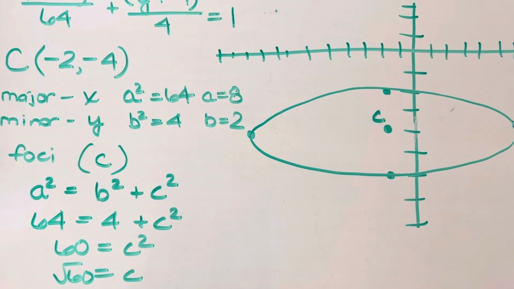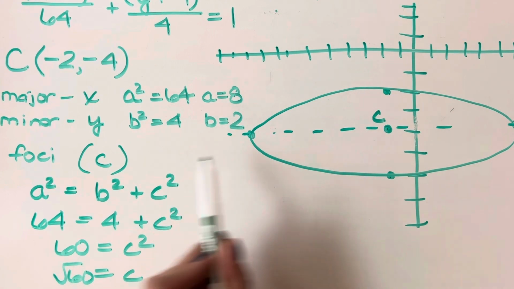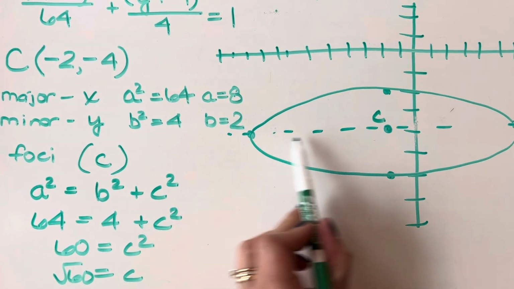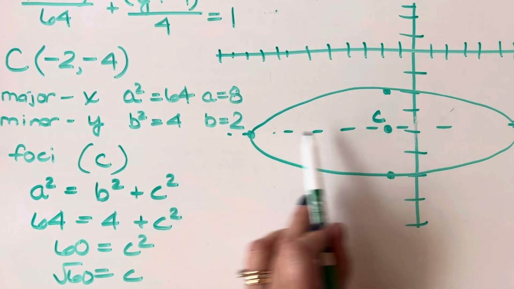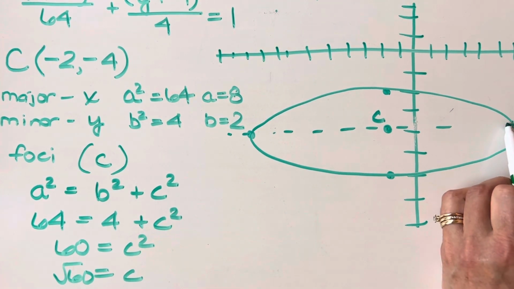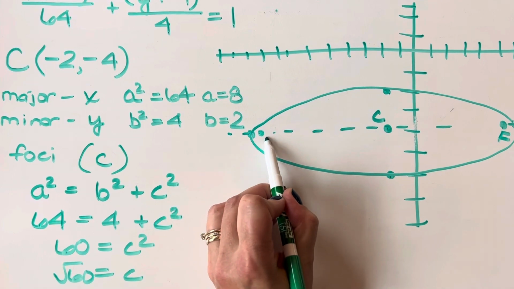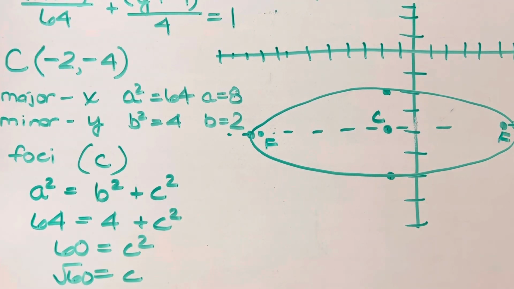And the foci points are always on the same axis that's the major axis. So I have to have them along here. I'm just dotting this so we remember that's our major axis. So 7.7 away would be very, very close over here. I'm going to put F because it's a focal point. And then over here, I've got another one.